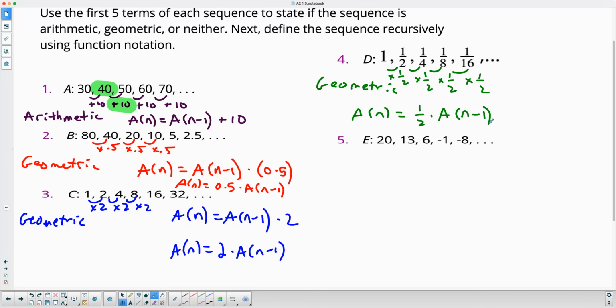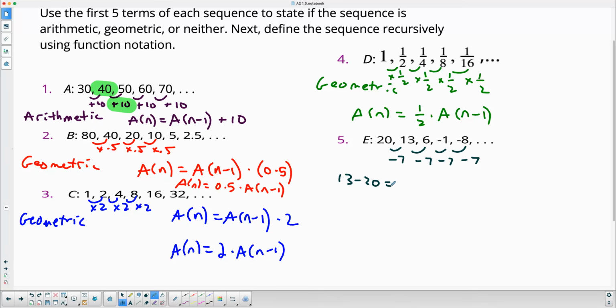Let's go on to the last one here. This one looks like it's -7. And again, if you're not sure, you could always subtract 13 minus 20.